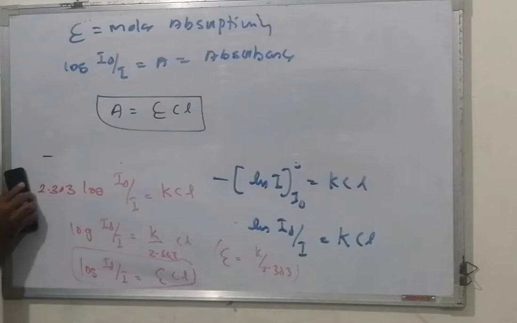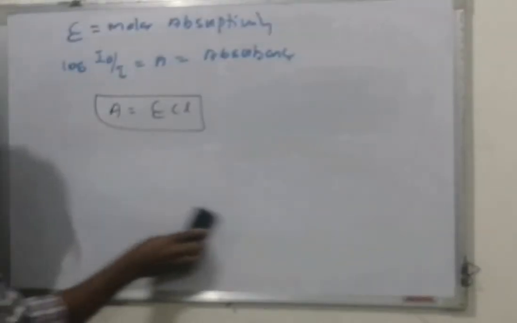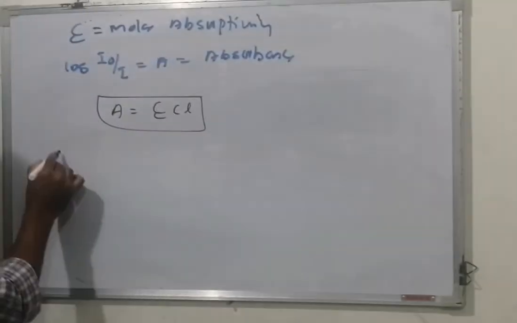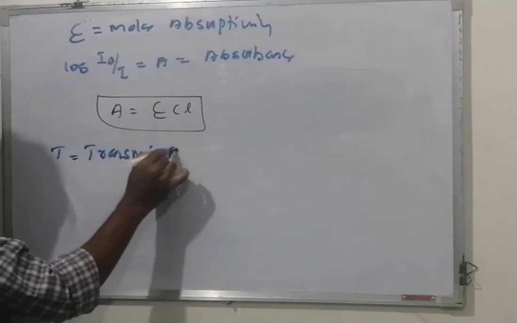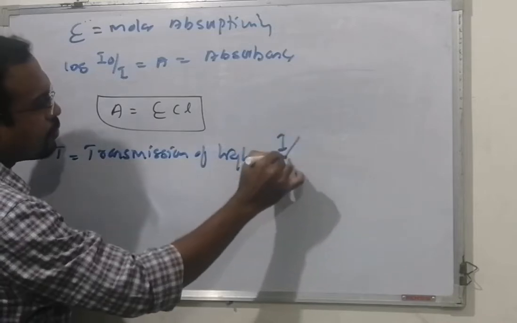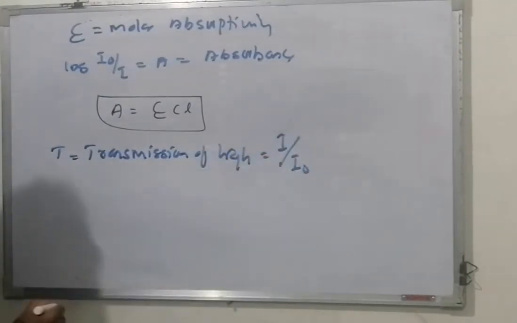Now, suppose T is the transmission. T is called the transmission of light, that is, the ratio of transmitted light to the incident light.